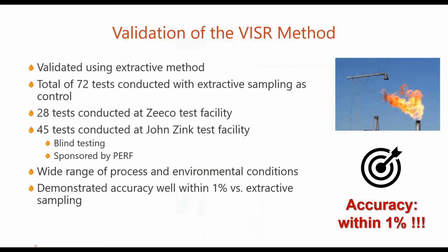Those 45 done at John Zink were part of a blind test sponsored by PERF, which I'll go into in the next few slides. But the point I want to convey on this slide is this method has been exhaustively and extensively tested and proven and demonstrated using an extractive control method to show that it's quite accurate, well within 1% of the extractive sampling result.